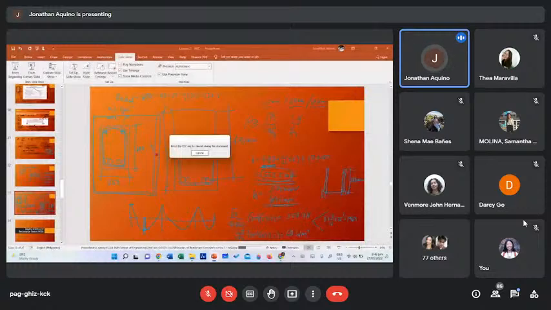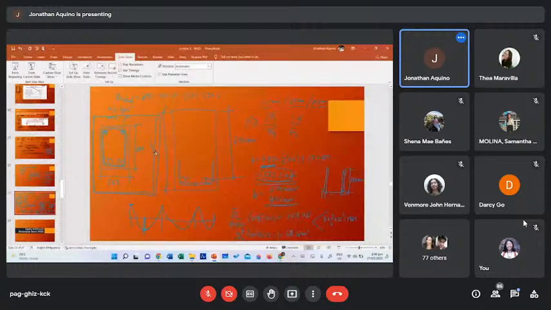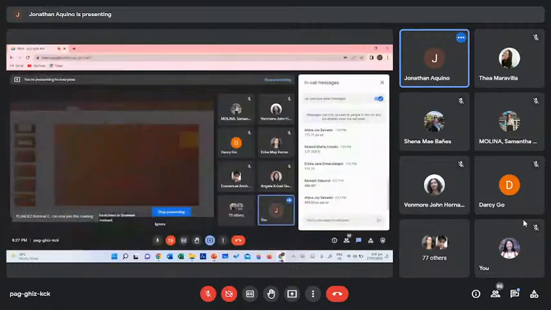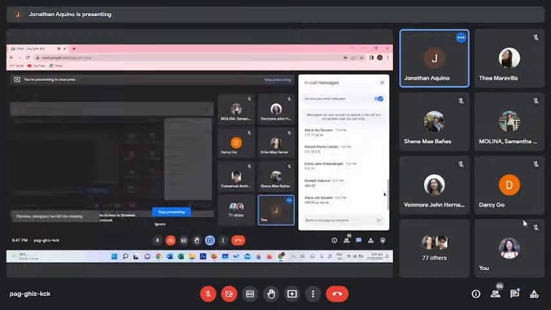Meron pa bang questions? Clear ba sa lahat? So design ng single reinforced rectangular beam using working stress design. Okay. So meron bang questions?